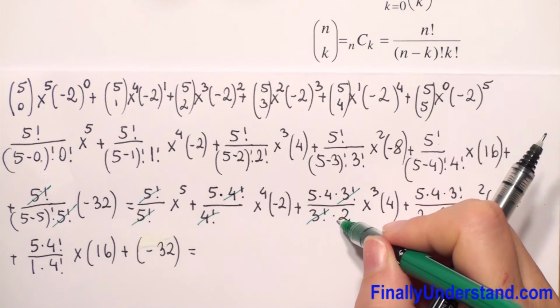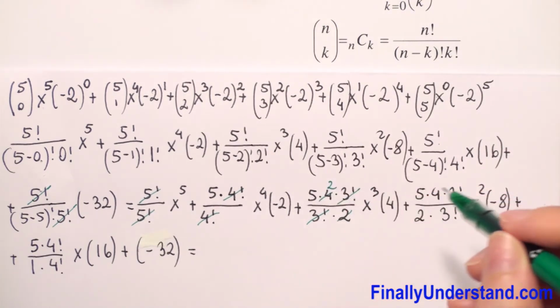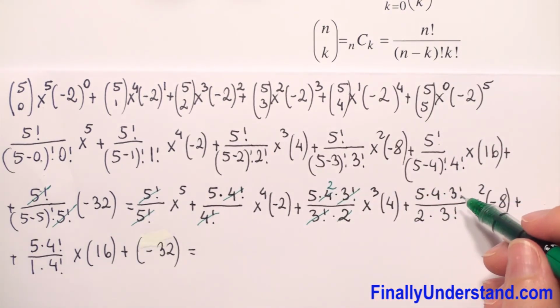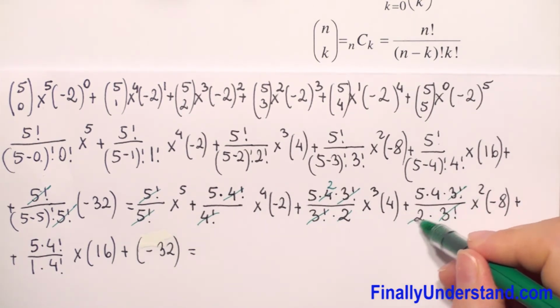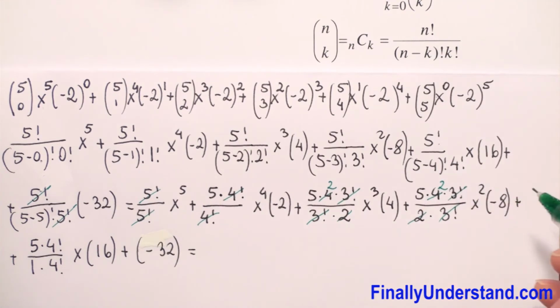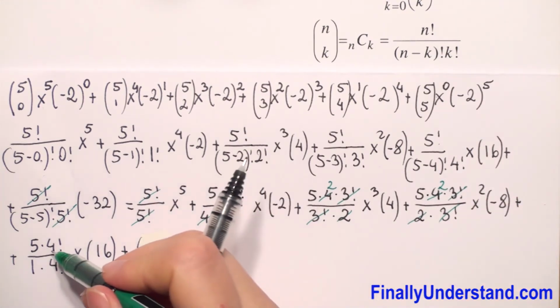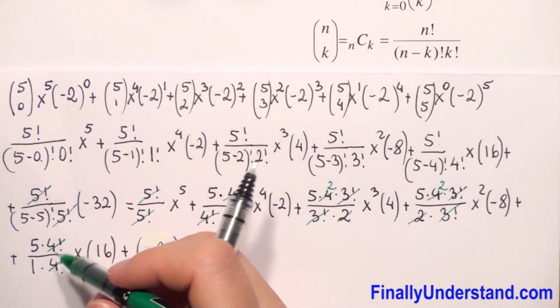with 3 factorial, and 2 with 4, so it will be 2. Next we can reduce 3 factorial with 3 factorial and 2 with 4, so it will be 2. And 4 factorial with 4 factorial.